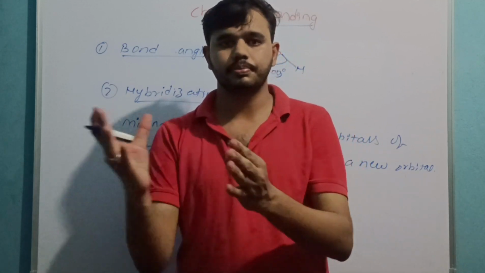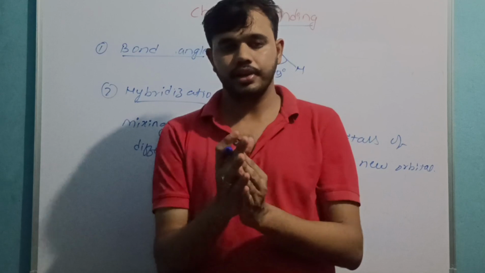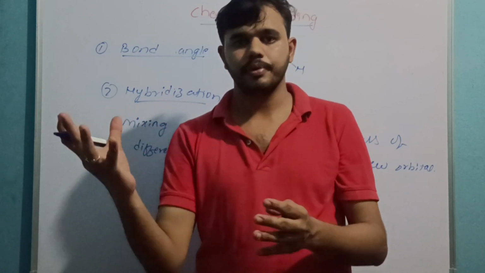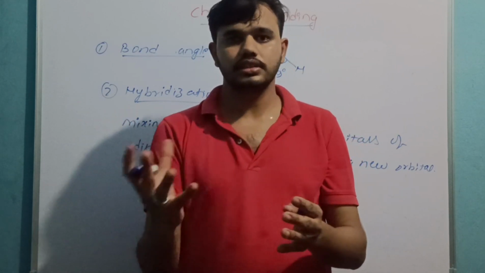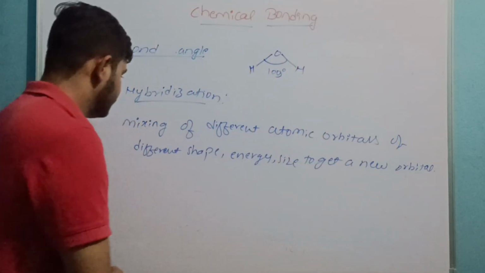For example, s, p, d, f are the orbitals. If we mix s and p orbitals, we get a new orbital which will be different in energy, shape and size. That is called hybridization.